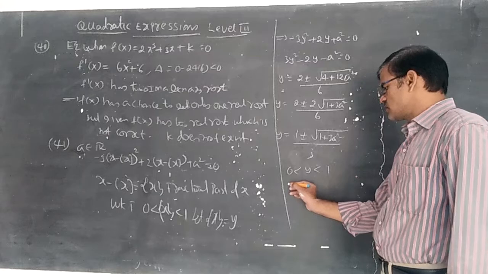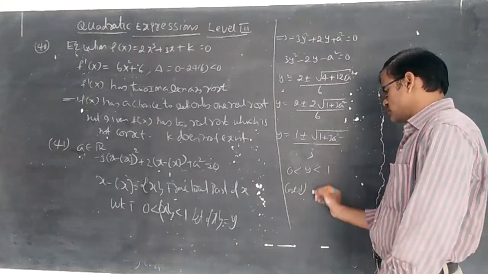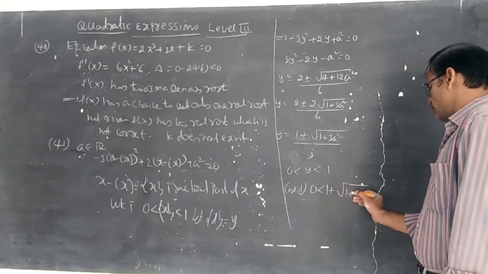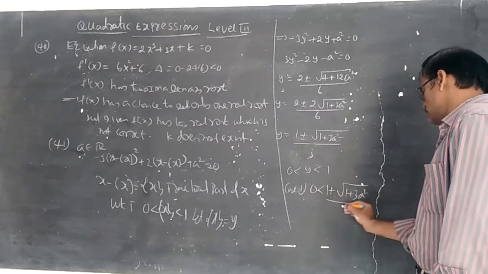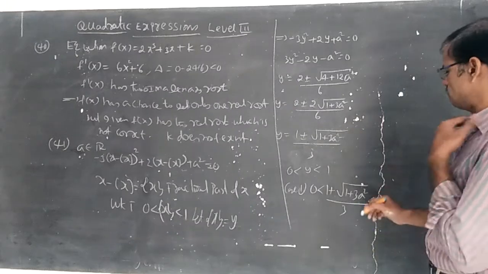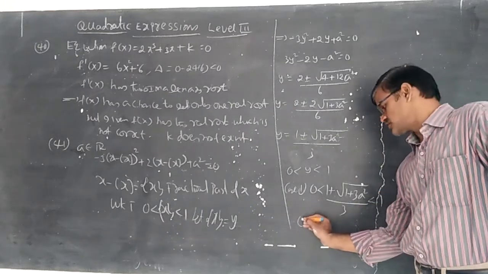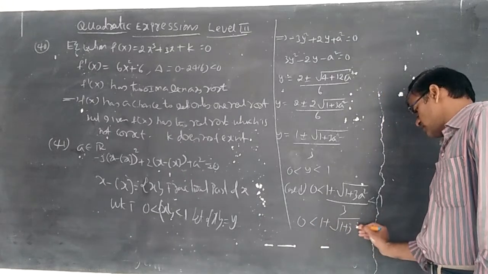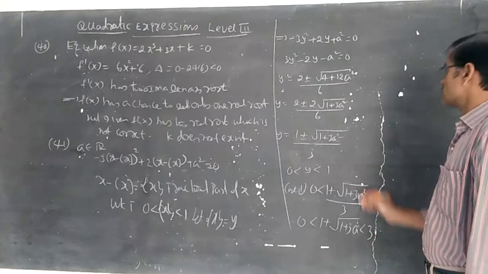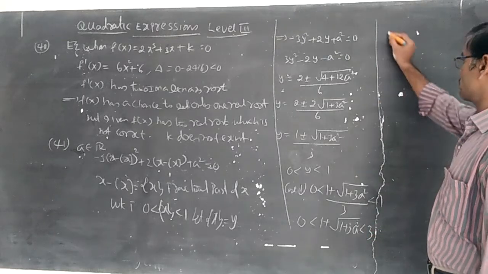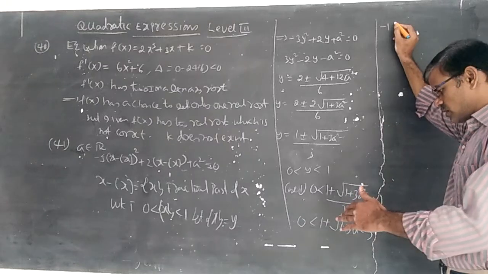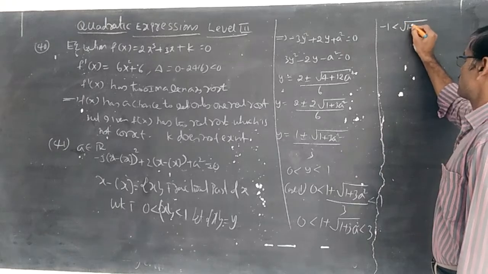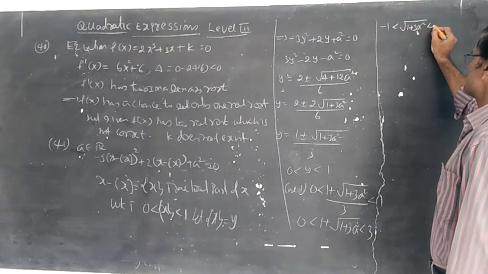Using this concept, case 1, I am writing using the positive value: 0 less than 1 plus root of 1 plus 3a square, whole by 3, less than 1. Taking cross multiplication, 0 less than 1 plus root of 1 plus 3a square less than 3. Subtracting 1 from all, minus 1 less than root of 1 plus 3a square less than 2.